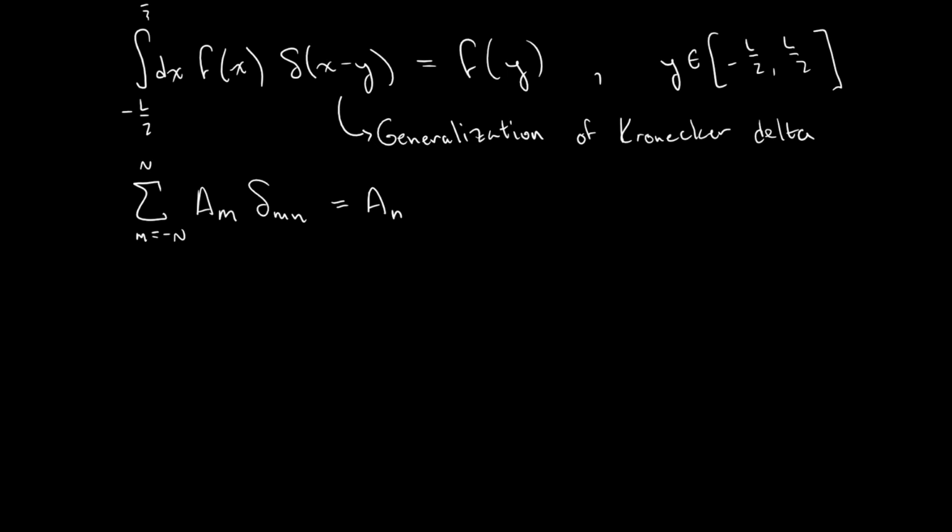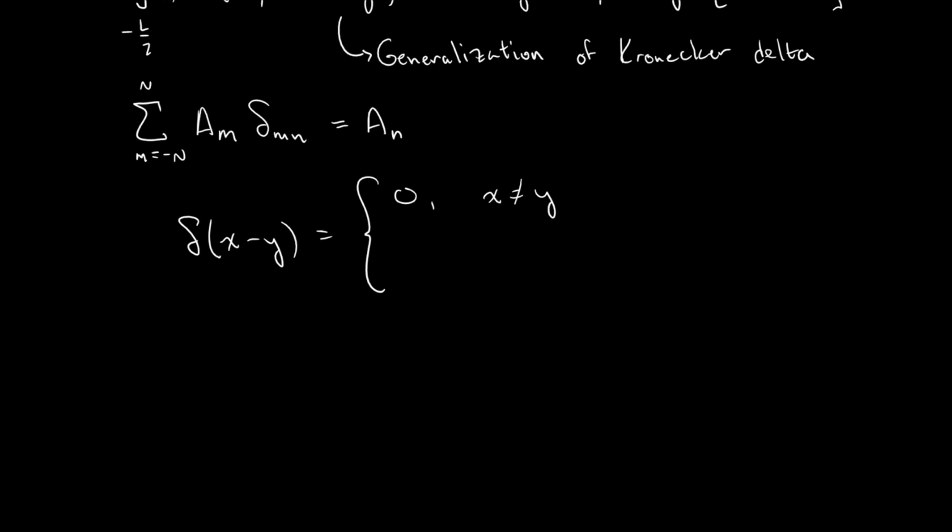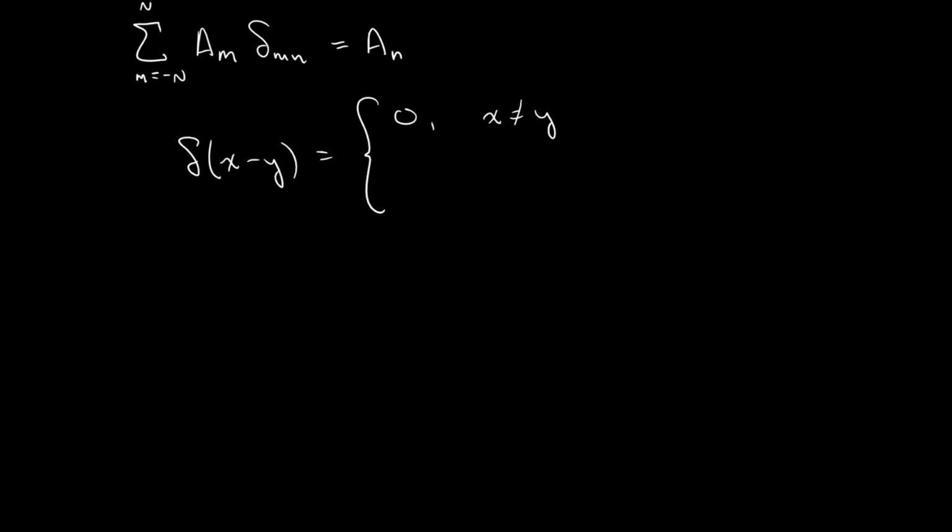So delta x minus y is equal to 0 for x not equal to y. And we can see this by essentially breaking up our integral. So the integral from minus L over 2 to L over 2 dx f of x delta x minus y.